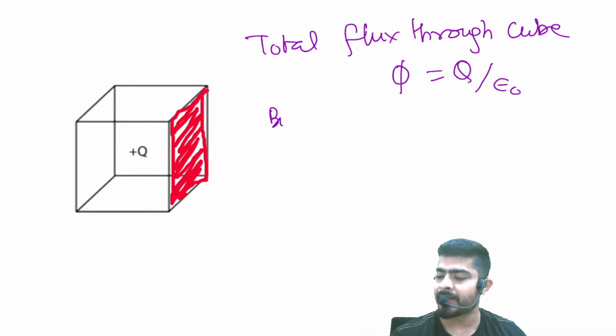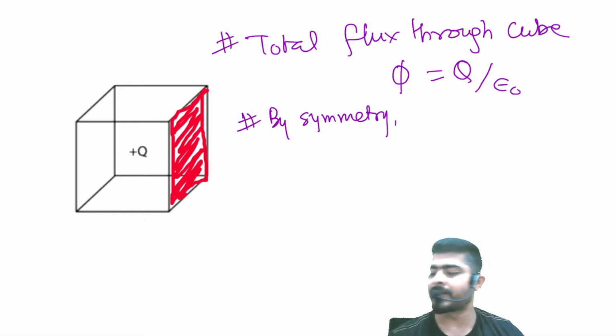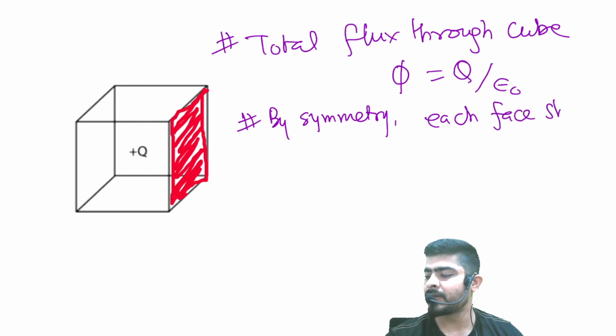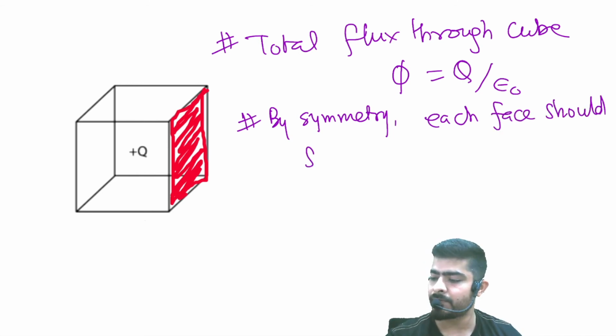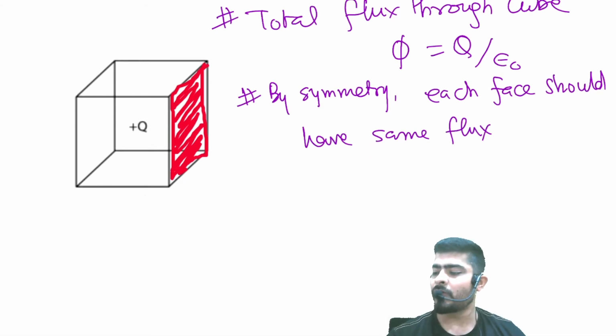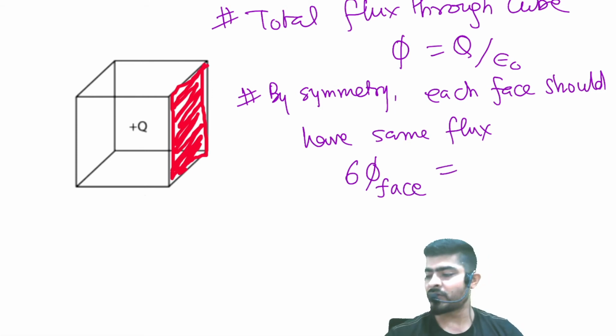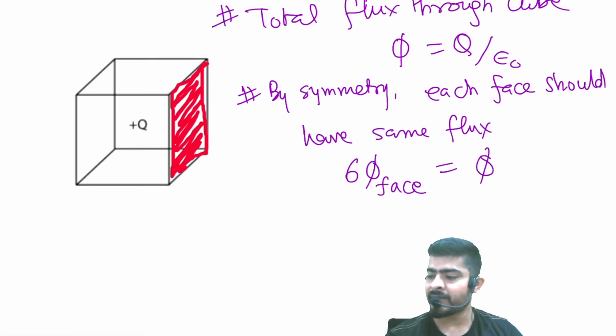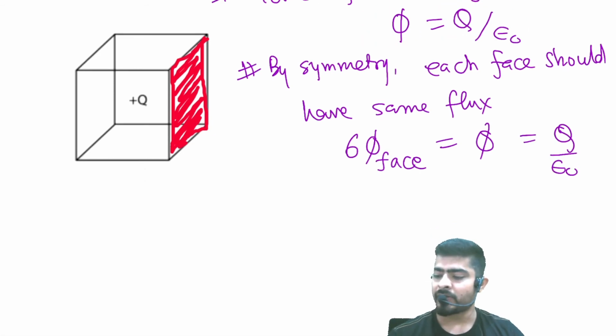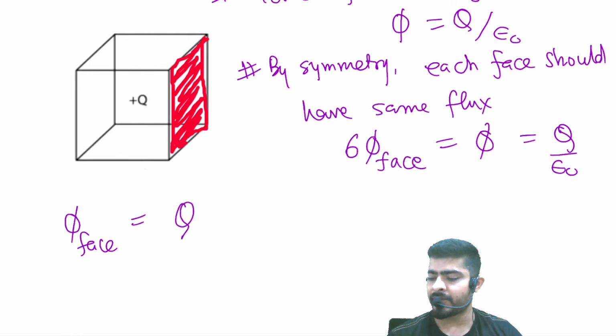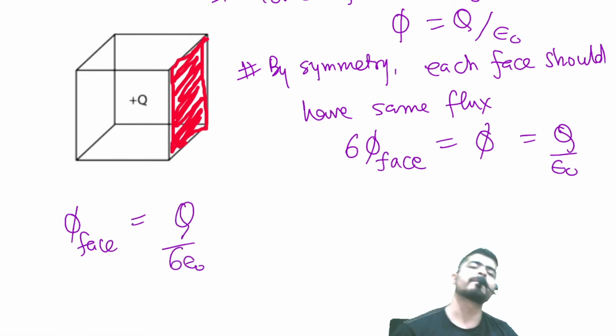Now, by symmetry, each face should have same flux. So how many faces are there on a cube? Six faces are there. So 6 times flux through one face should be equal to the total flux. Correct. So total flux is Q by epsilon naught. So flux through one face will be Q by 6 epsilon naught. Simple. Okay. Great.